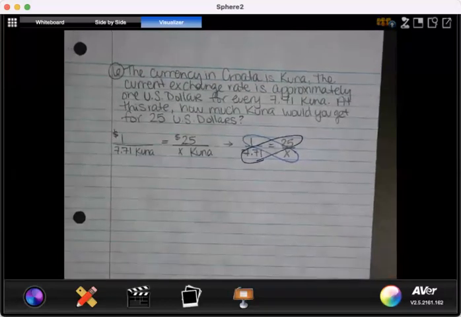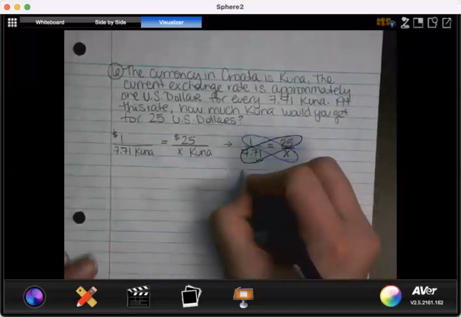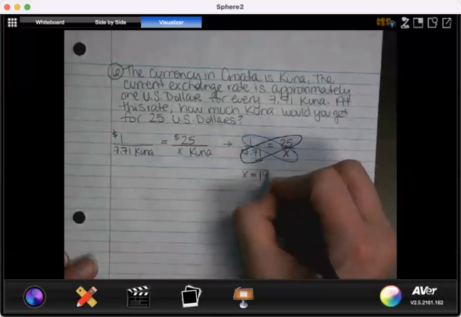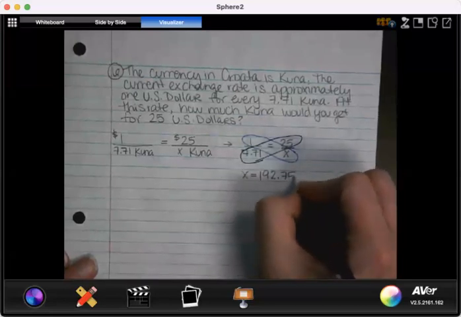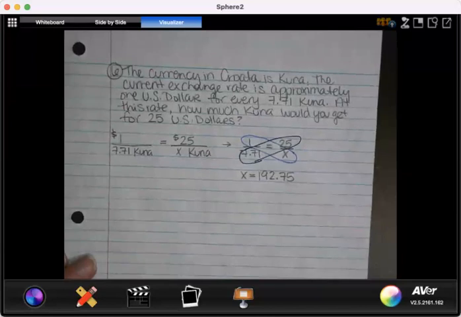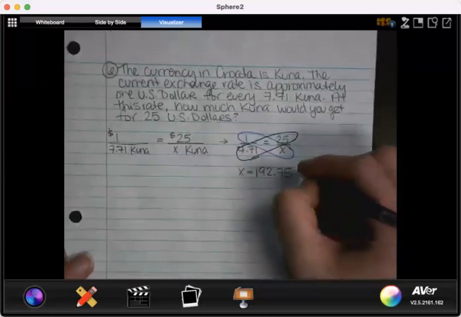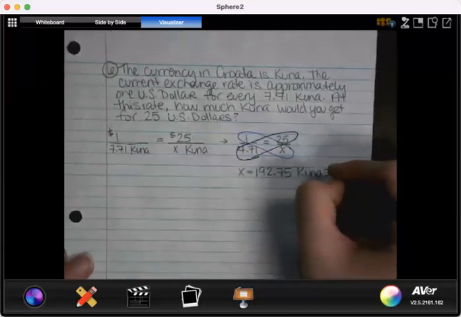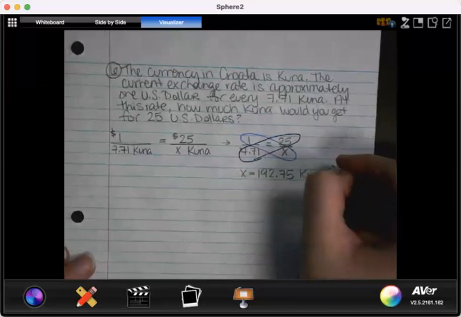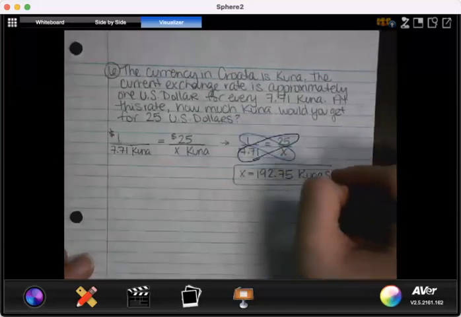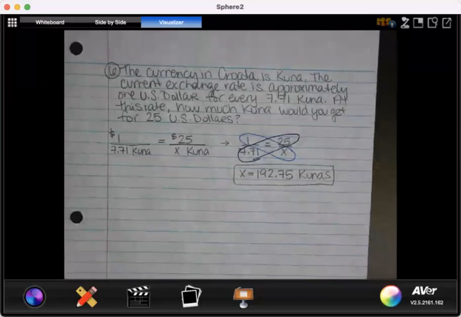So 25 times 7.71 in our calculator says that x equals 192.75. But because it's a word problem, we need to label it. And these are kunas. So that would be my answer.